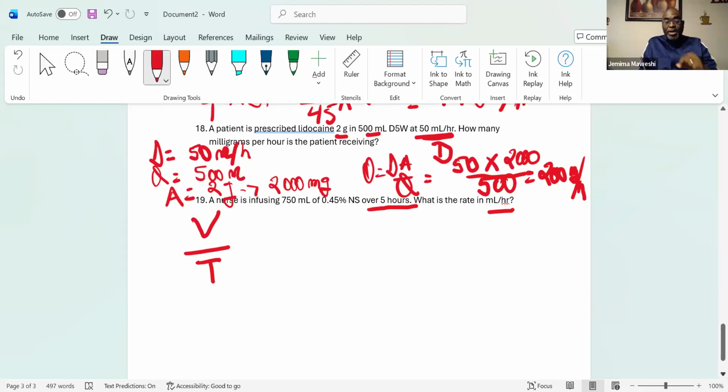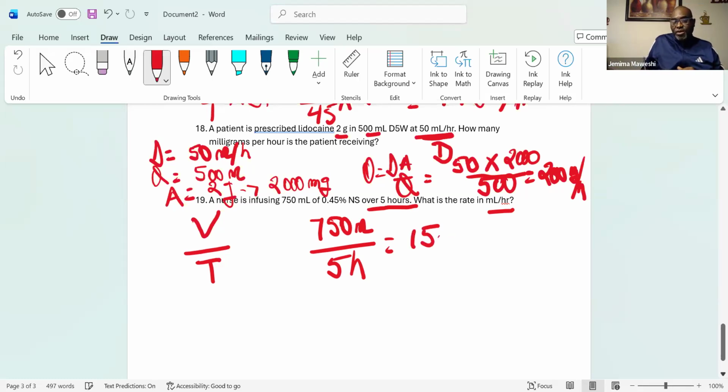My volume is 750 milliliter, and my time is 5 hours. So now 750 divided by 5. Now you have 150 milliliter per hour. All right.